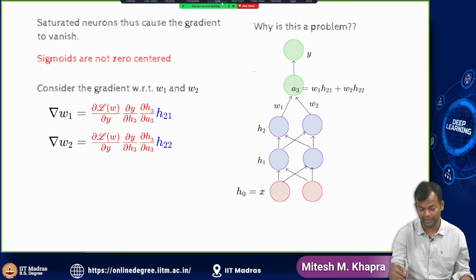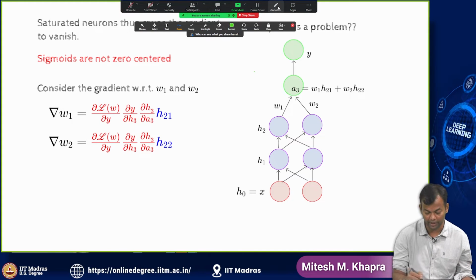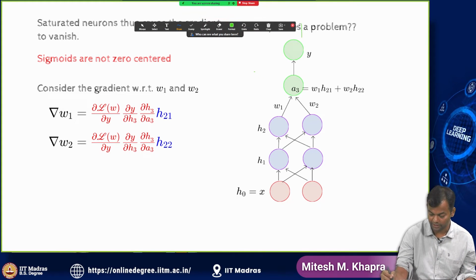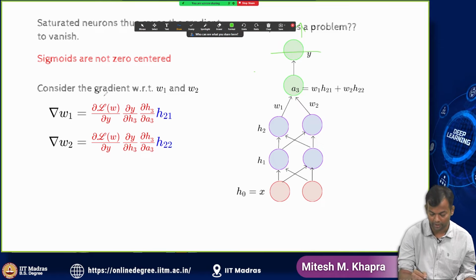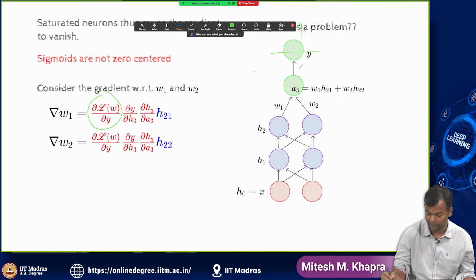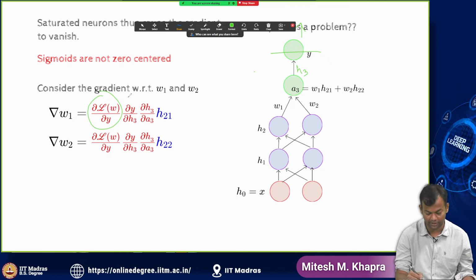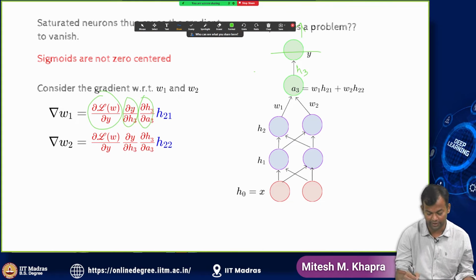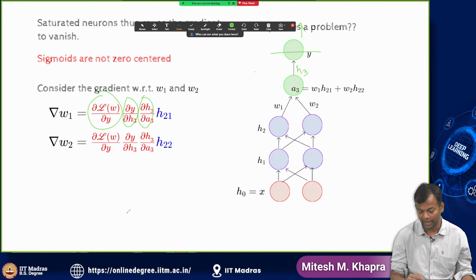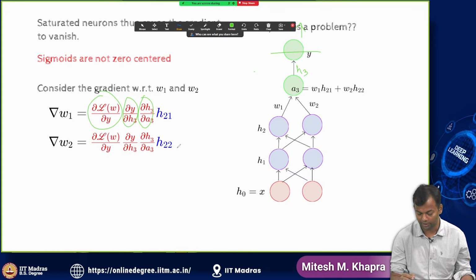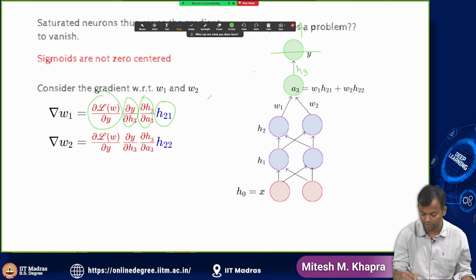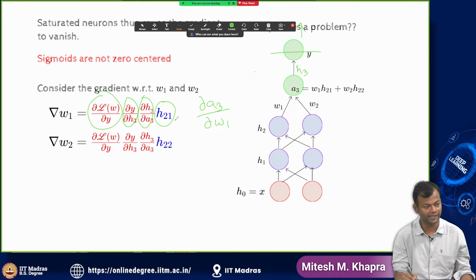So this is what my derivative would be, right? It would be the derivative of the loss function, which is sitting here, with respect to y. Then the derivative of y with respect to h3, so the output is h3. Then the derivative of h3 with respect to a3, and then the derivative of a3 with respect to w1, which I have already written as h21.